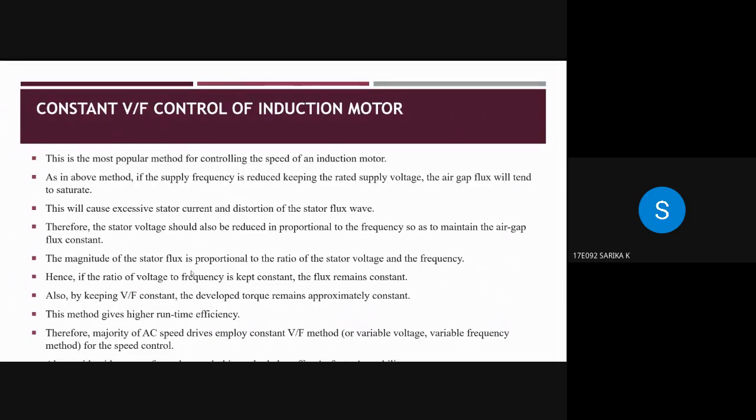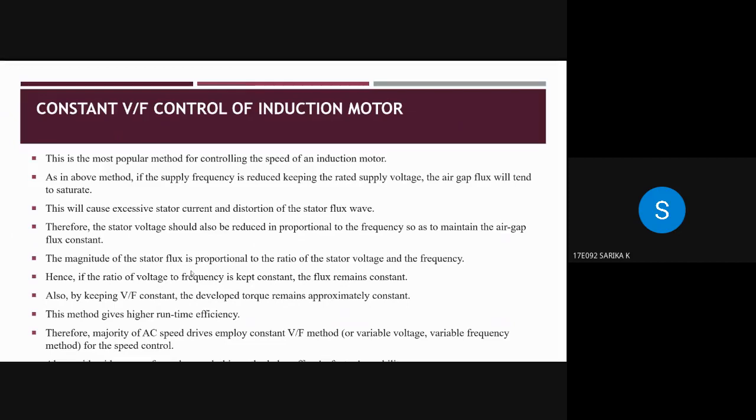Constant V/f control of induction motor. This is the most popular method for controlling the speed of an induction motor. As in the above method, if the supply frequency is reduced, keeping the rated supply voltage, the air gap flux will tend to saturate. This will cause excessive stator current and distortion of the stator flux wave.